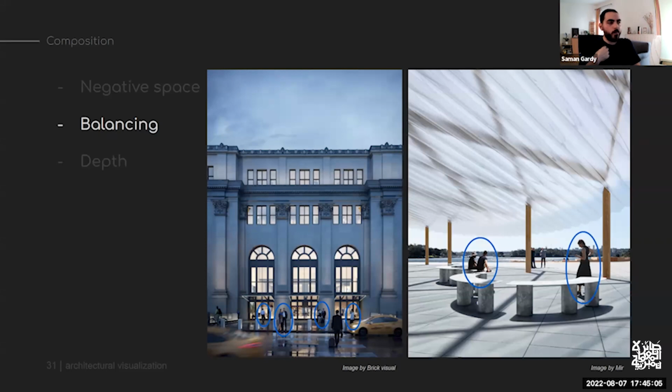And why we said it's important to use these elements, because it shows the scale of the project. When you are putting a character, it shows you what's the height of this entrance. Maybe if we don't have the cars and the people here, we don't feel what's the scale of the building, or in the right image, actually, it's more visible.